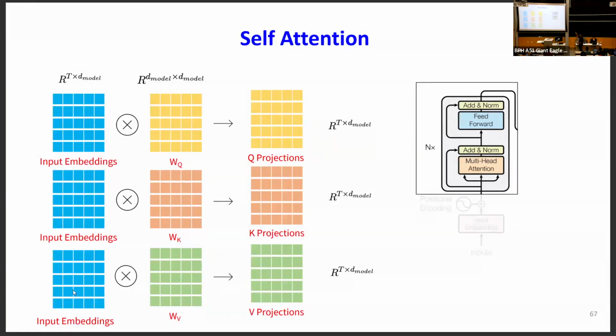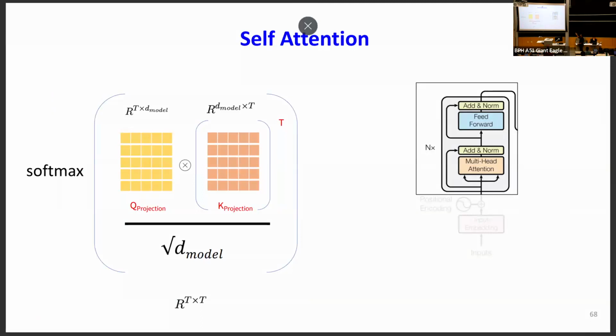For self-attention, we take the same input for all three weights. We calculate our Q projections, key projections, and value projections. The dimensionality of the actual input does not change. It is T times d_model, and here also it's T times d_model, but it is a lot more rich. Once you have these, you calculate your simple QK transpose product.